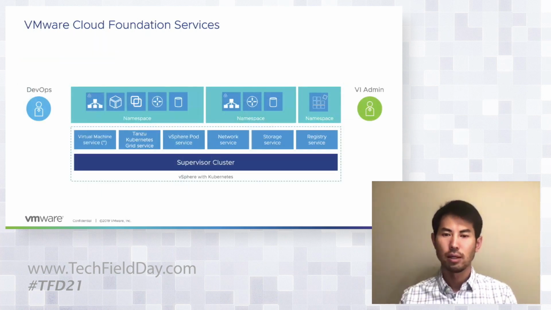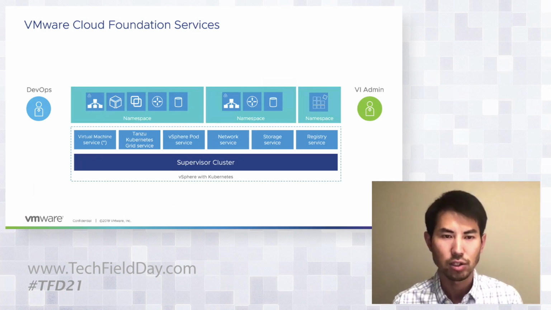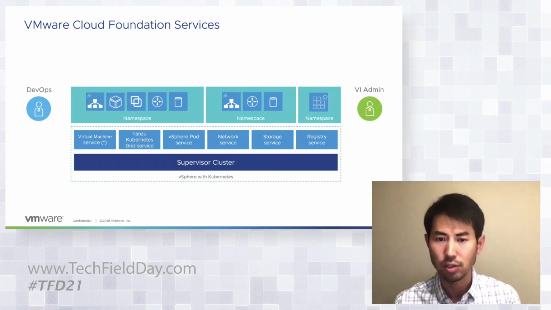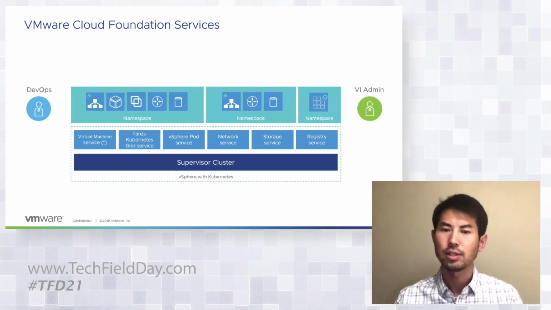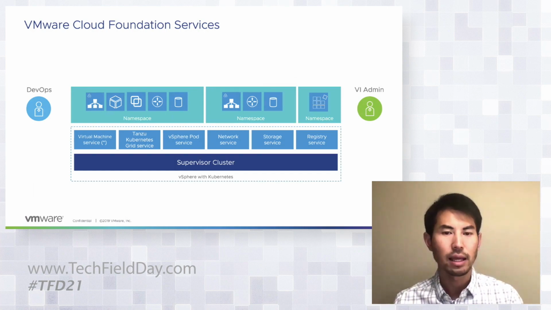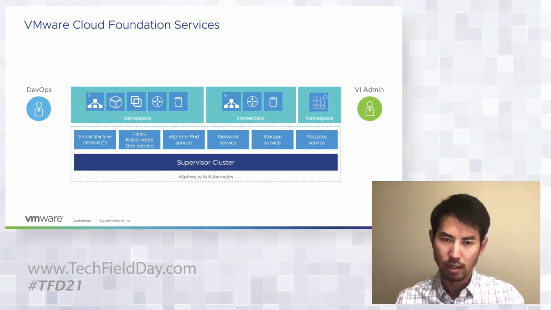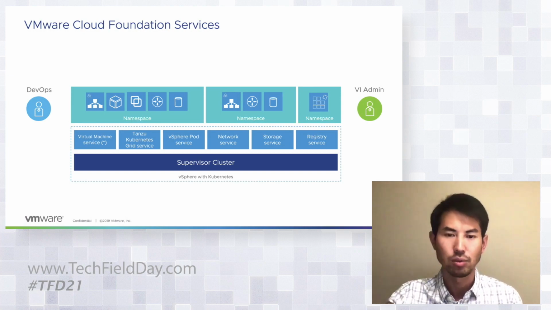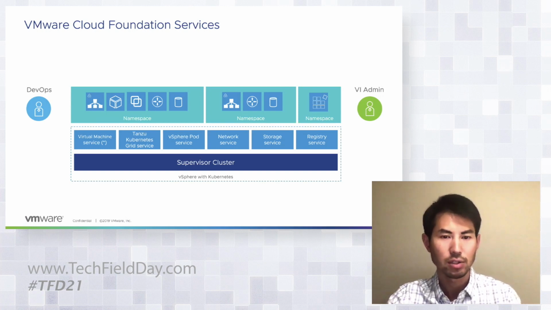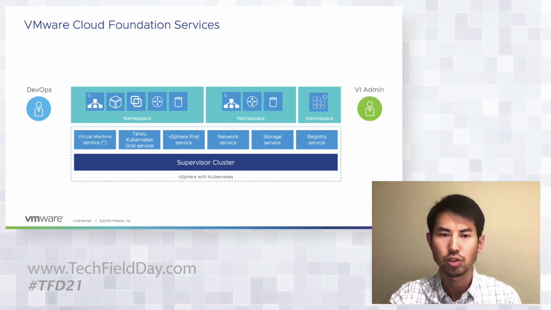Now let's take a look at all of these services, the VMware Cloud Foundation Services. All of these run on the vSphere platform, so vSphere with Kubernetes, and a vSphere cluster becomes a supervisor cluster in this release. I will show you how we embed Kubernetes into a vSphere cluster in just a second. On that, you have all of these services, including the Tanzu Kubernetes Grid service and the vSphere Pod service that we just showed.